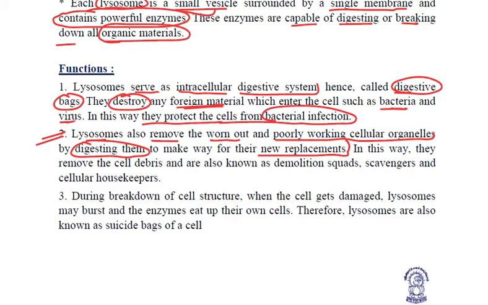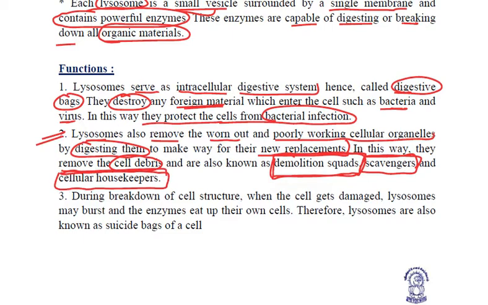So in one way we can say that they remove the cell debris, and that is why they are known as demolition squads. They are also known as scavengers. They are also known as cellular housekeepers. All these are adjectives used with or synonyms used for lysosomes.